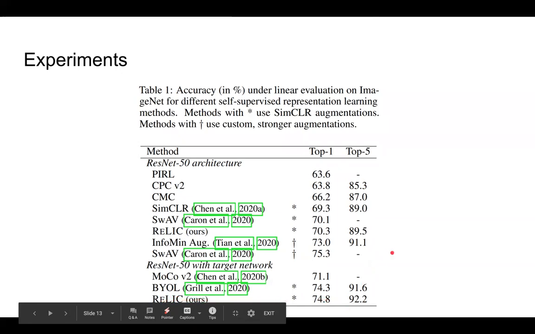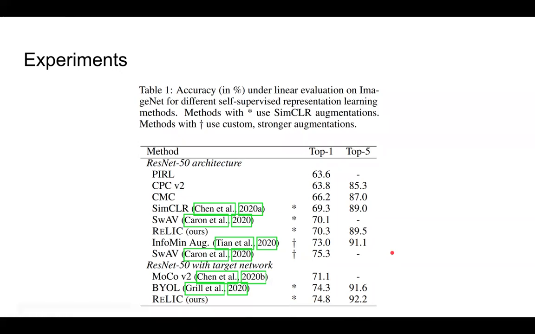Their model can somehow improve the self-supervised learning task. Yeah, but because I just do a lot of training, so it's still hard to interpret.